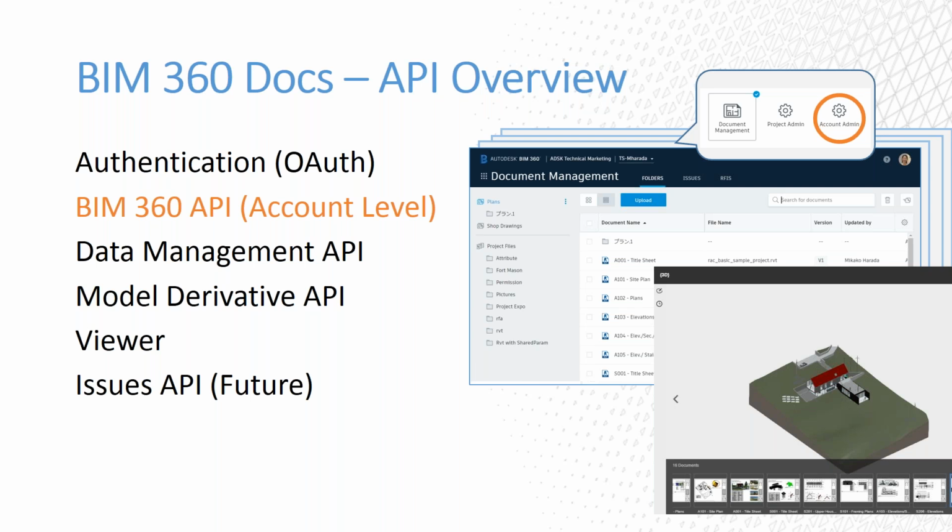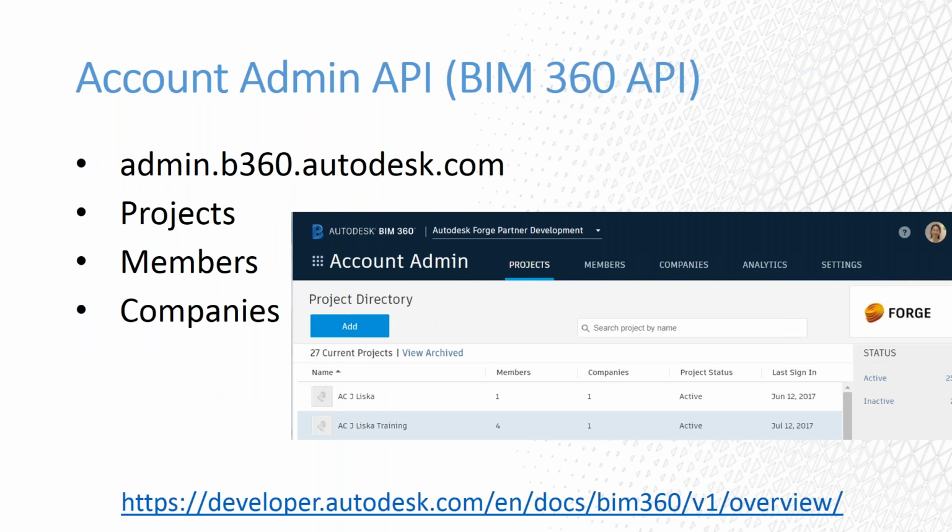So once again, BIM 360 Docs is an example of using Forge API internally, and these are the APIs listed here: authentication, BIM 360 or account level, data management, model derivative, viewer, and hopefully in future the issue API will be provided as a separate component to put together as docs. So that means that if you want to access docs with the APIs, you will need to use this component. So again, today I'm going to talk about BIM 360 account level API.